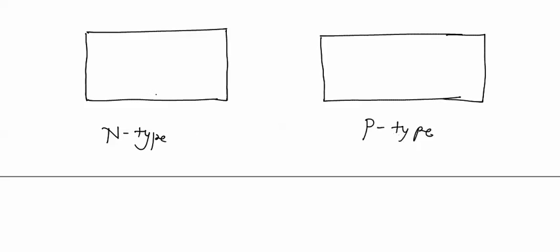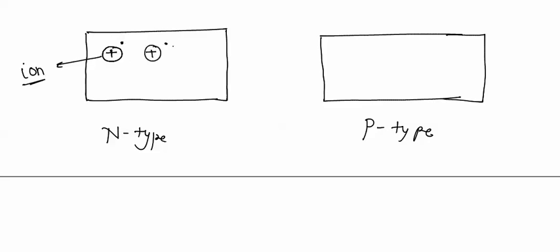In n-type semiconductor, each phosphorus atom will donate its fifth electron, and after donation it will acquire a positive charge, and it will be called a positive ion. This positive charge is acquired with the donation of one electron, so I will represent this electron here.